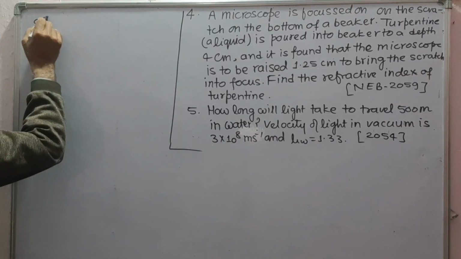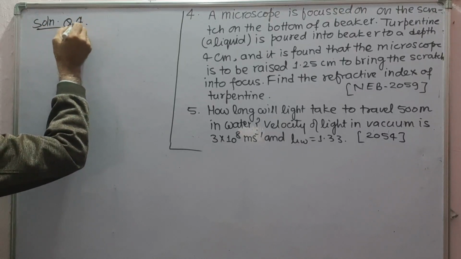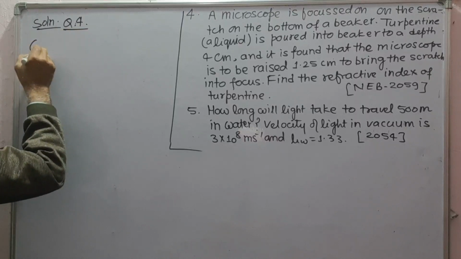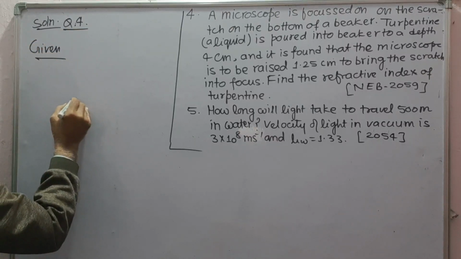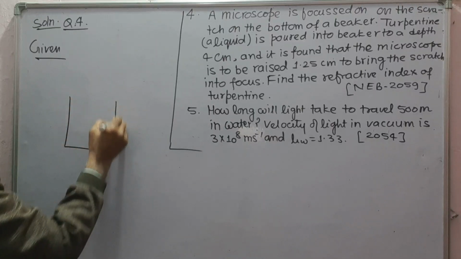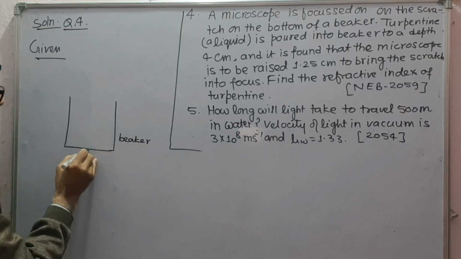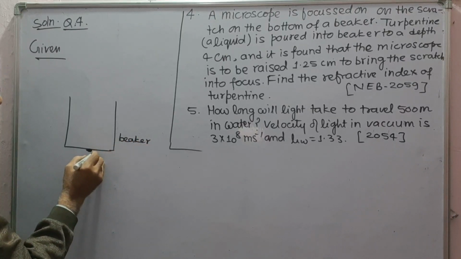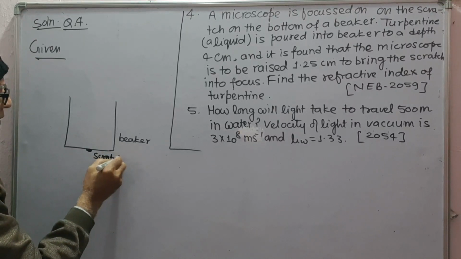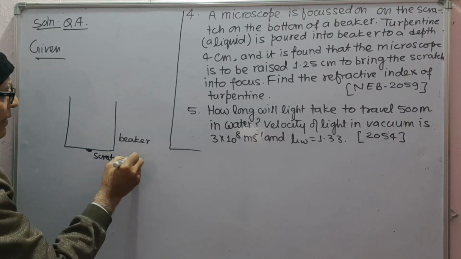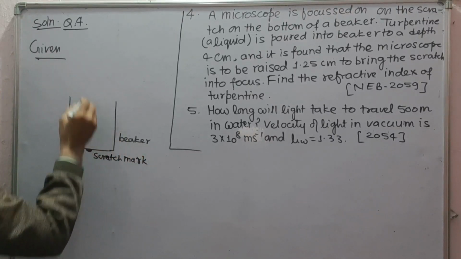So, solution to question 4. Here given, suppose this is the beaker and this is the scratch which is acting as the object.